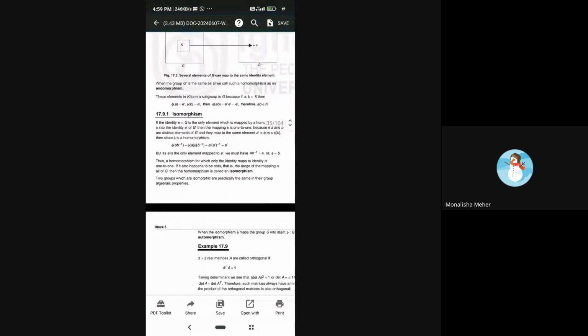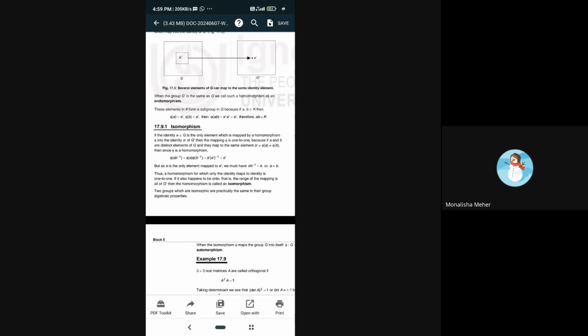Similarly, what is an isomorphism? If the identity E belonging to G is the only element which is mapped by a homomorphism phi into the identity E dash of G dash, then the mapping phi is 1 to 1. Because if A and B are distinct elements of G and they map to the same element A dash, that is phi A is equal to phi B, then since phi is a homomorphism, phi of A B inverse is equal to phi A times phi B inverse, which is equal to A dash A dash inverse, which is equal to E dash.